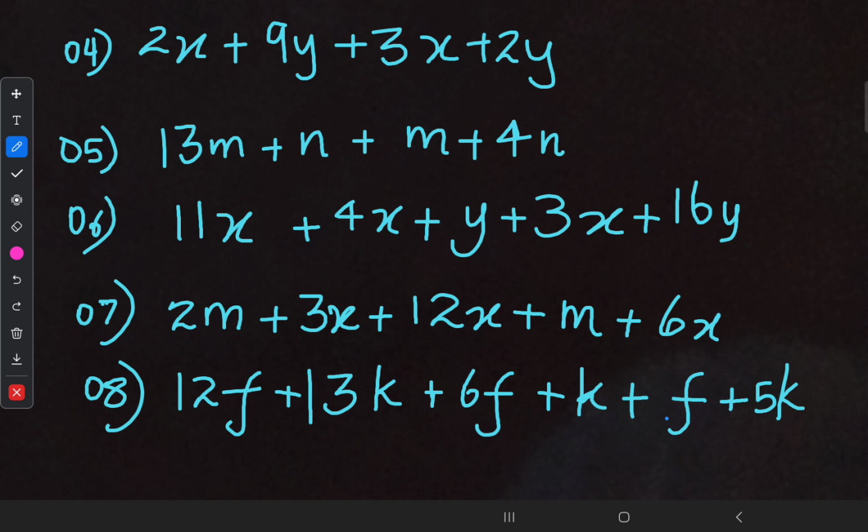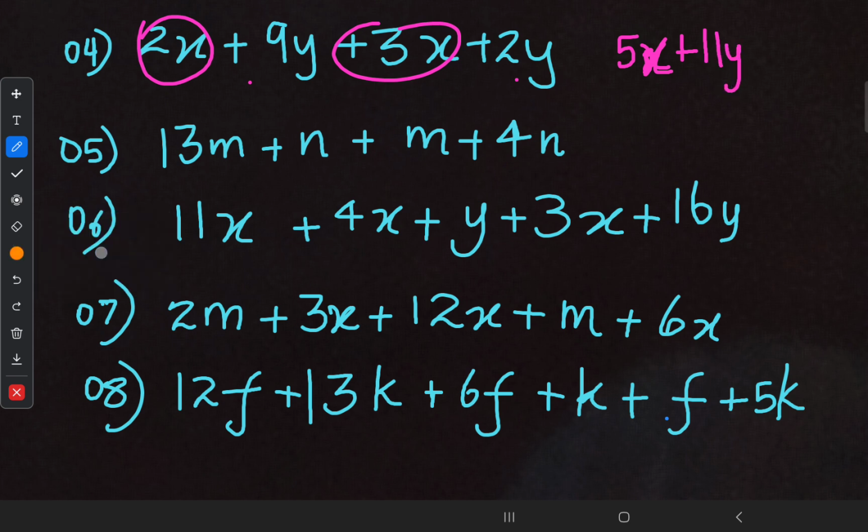The fourth question, you should identify the like terms first. So these are our like terms. 2x plus 3x will become 5x. Then the other set of like terms, 9y and 2y. So 9y plus 2y will become 11y. That's all.